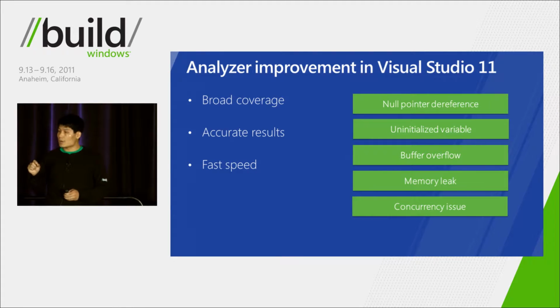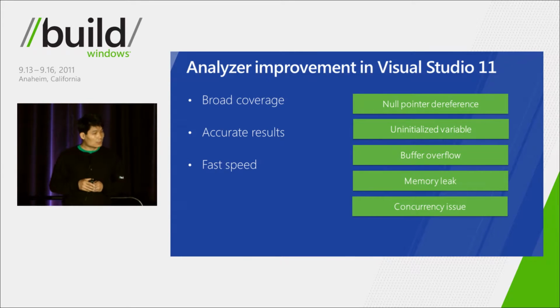And if you are a user of Professional and above, you get more than 100 additional rules for different problem areas, such as concurrency. And if you are a device driver writer, you get even more support for driver-specific rules using the Windows Driver Kit. So as you can see, it covers a wide range of defect patterns.